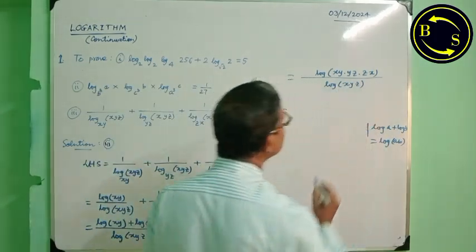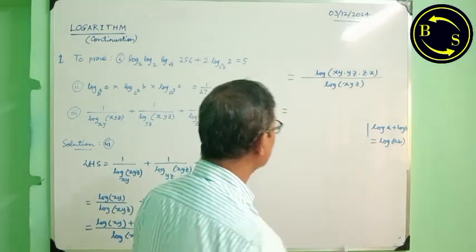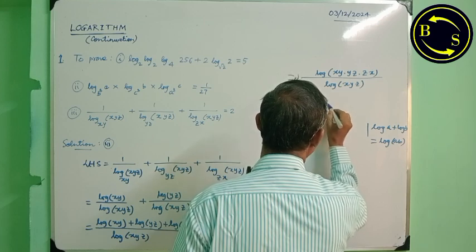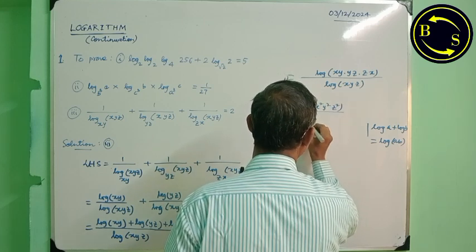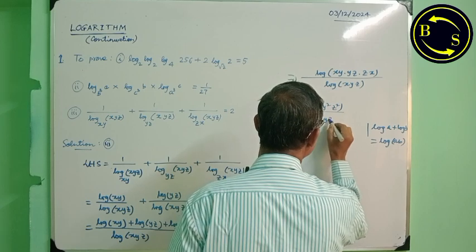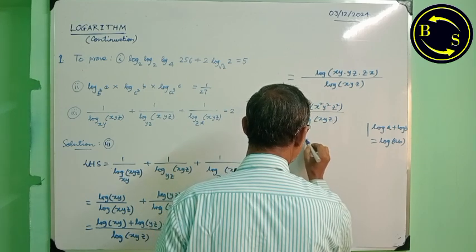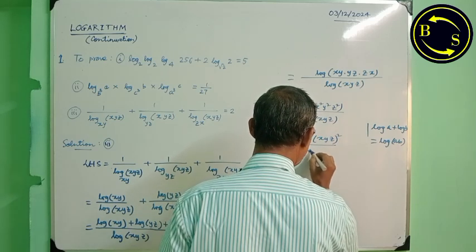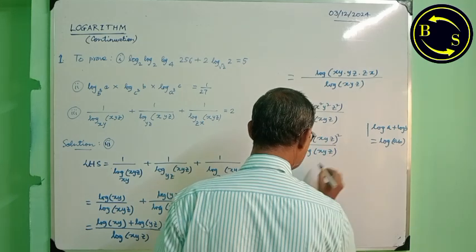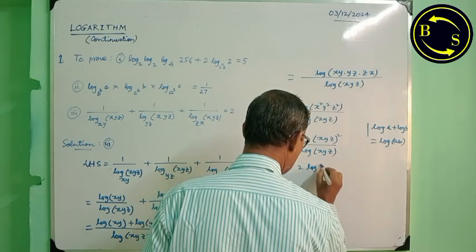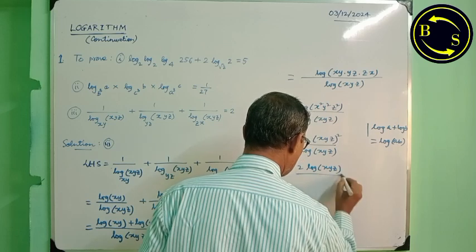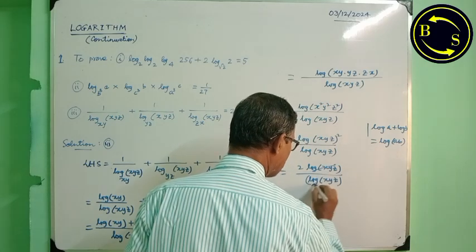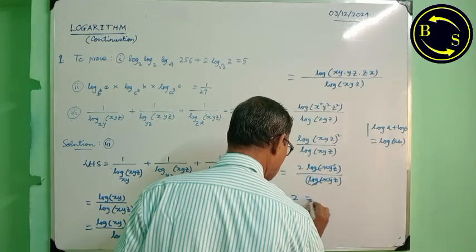Now what is the product? x squared y squared z squared. Log of x squared y squared z squared divided by log of xyz. This is log of xyz whole squared by log of xyz, which is 2 log of xyz by log of xyz. These two cancelled, therefore finally we get 2.